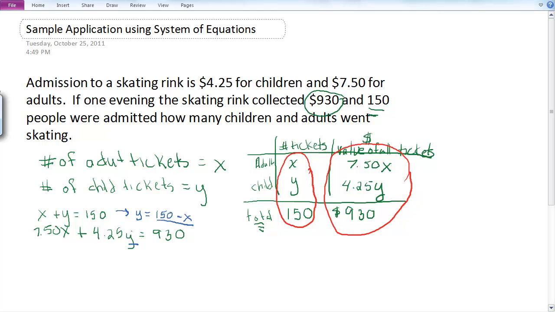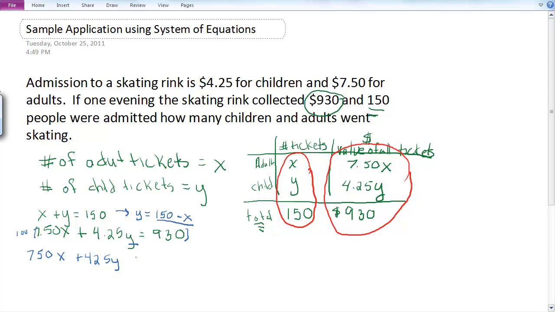Now, if you don't want to deal with the decimals in this second equation, you could multiply every term in the second equation by 100. And what that will do is get rid of my decimals here by moving the decimal point 2 places. So this would become 750x plus 425y.